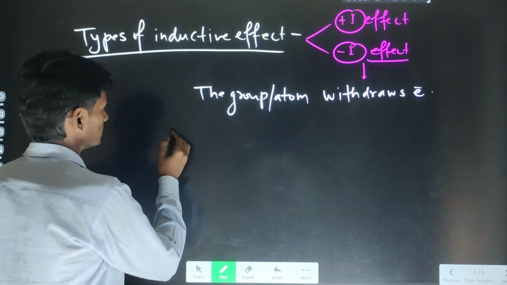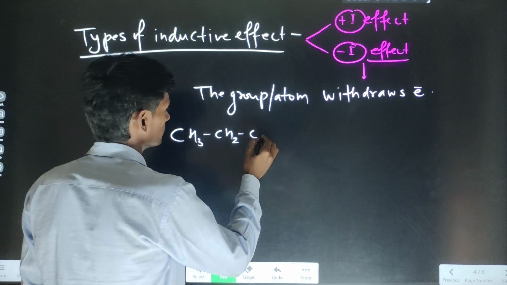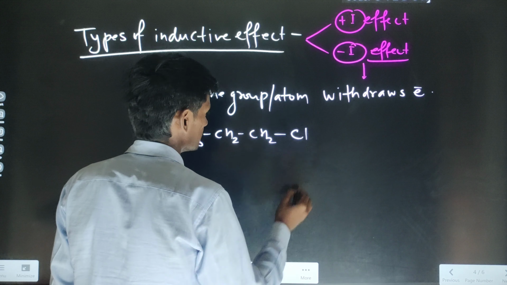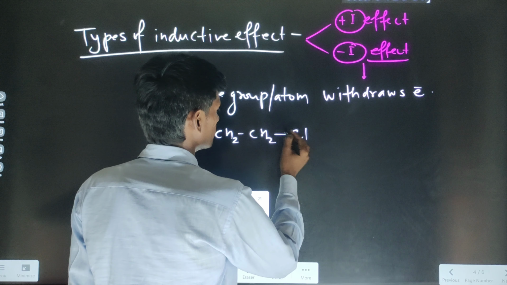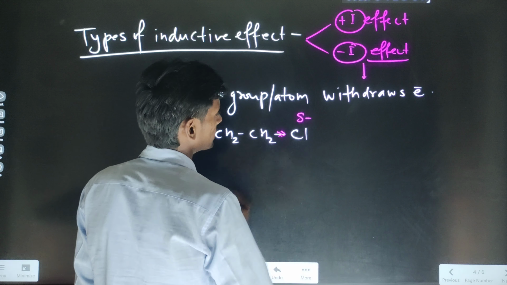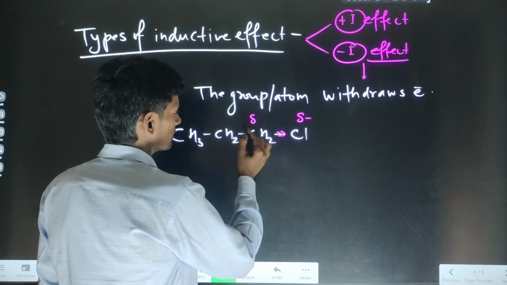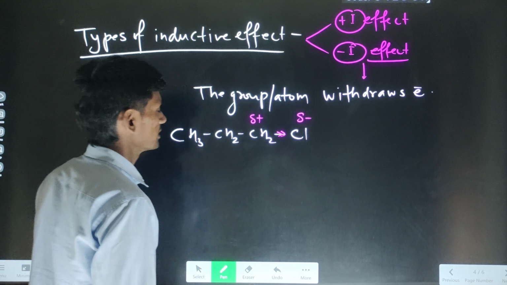For example, if we consider CH3, CH2, CH2, Cl, we know that chlorine is more electronegative than carbon, so it withdraws the electron towards itself. That's why it gets del negative charge, and carbon attached with chlorine gets partial positive charge.